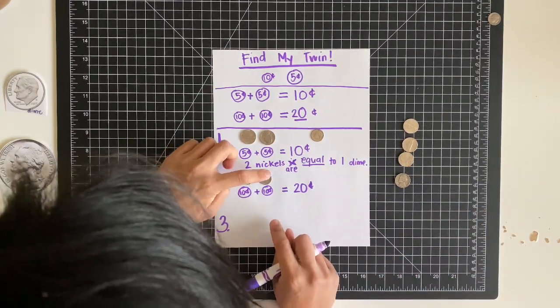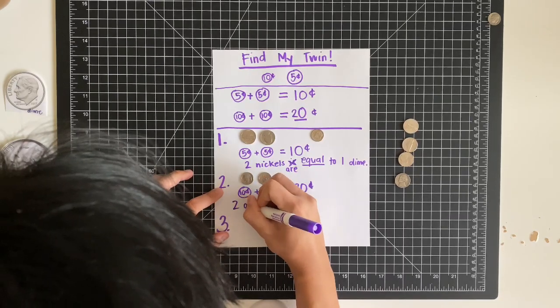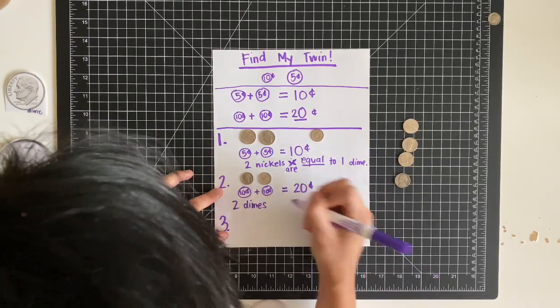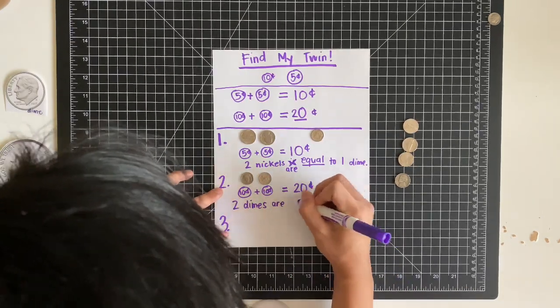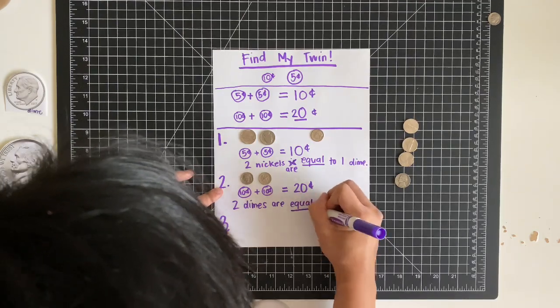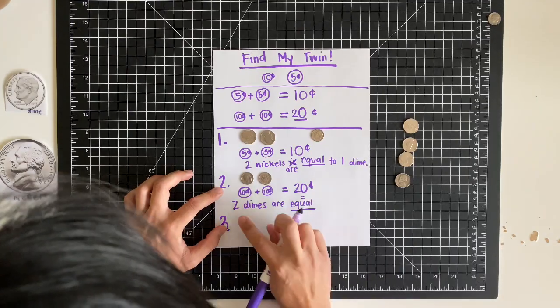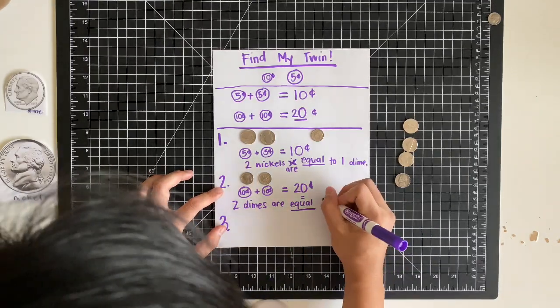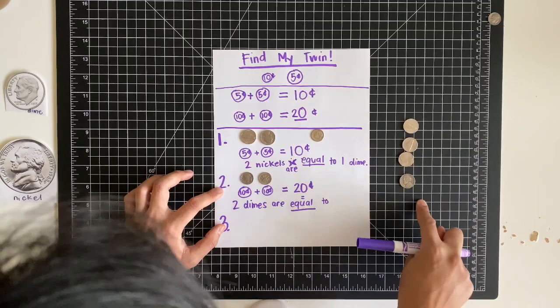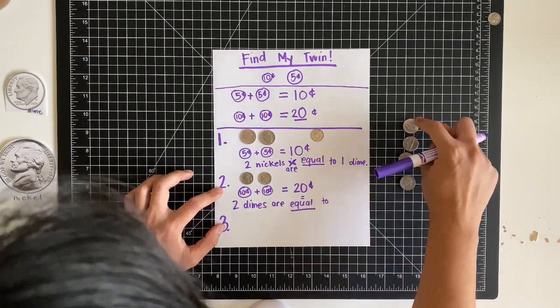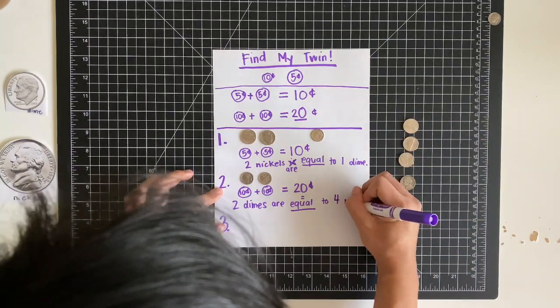So I have 2 dimes. So 2 dimes are equal or the same. This one there too to remind me. 2 dimes are equal to how many nickels? 1, 2, 3, 4 nickels.